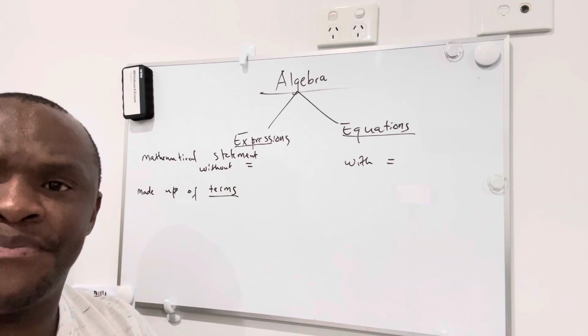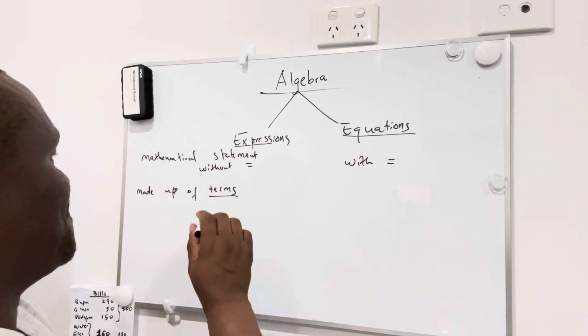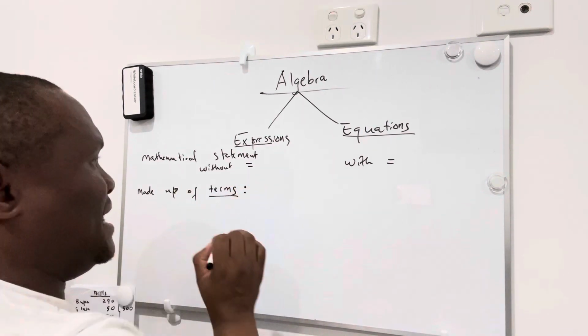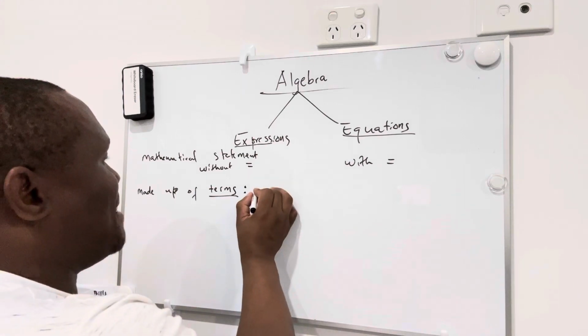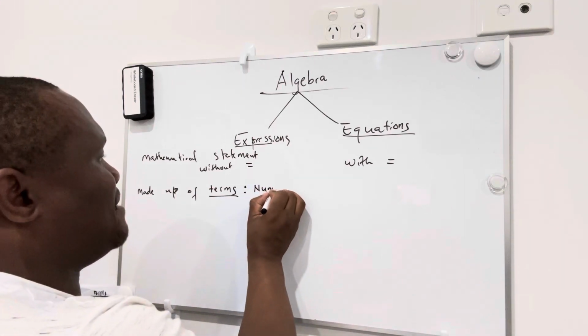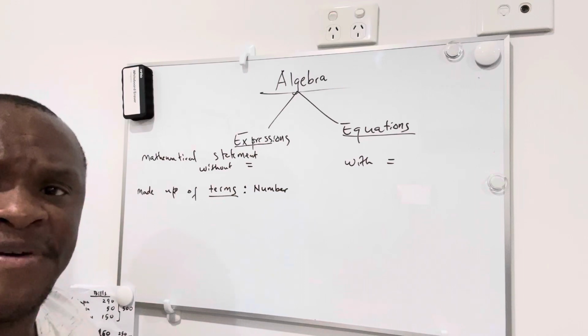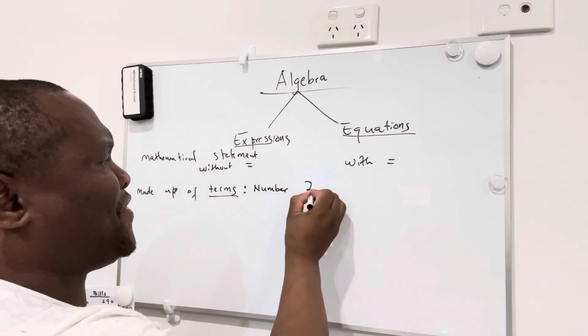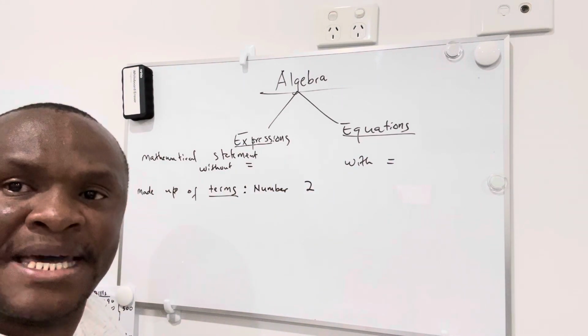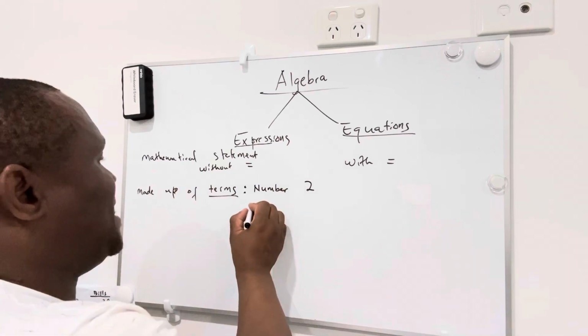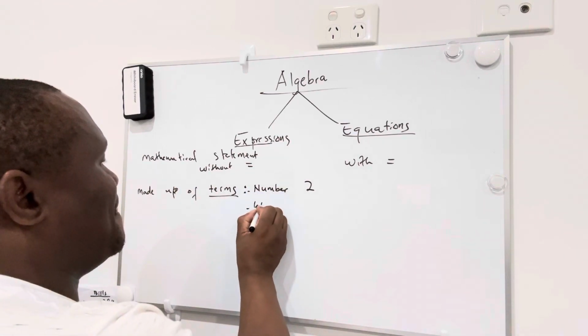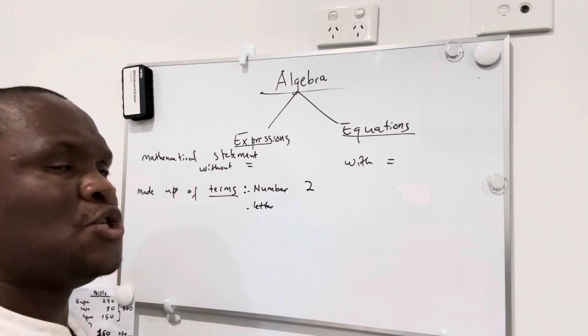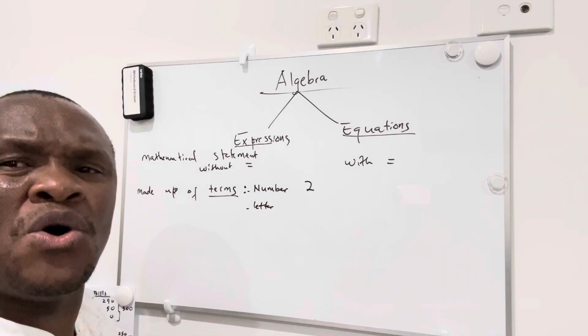What is a term? A term can be a number. For example, if you put 2 or 3 or 4, anything, that is a term. Or it can be a letter. So it can be A or B or whatever.